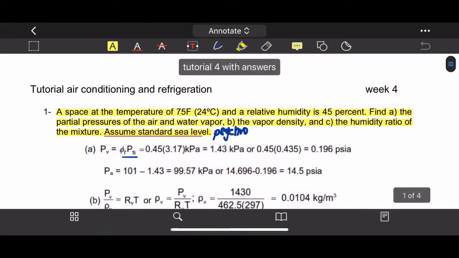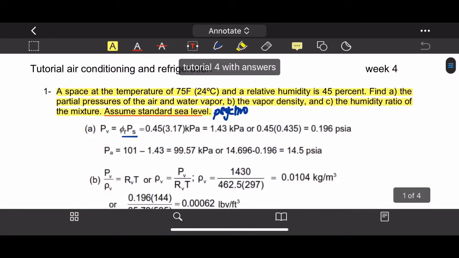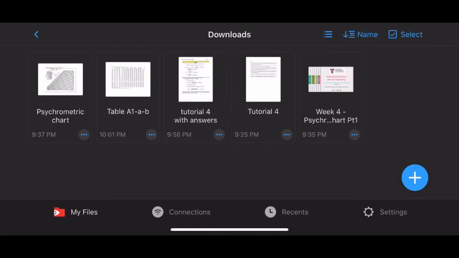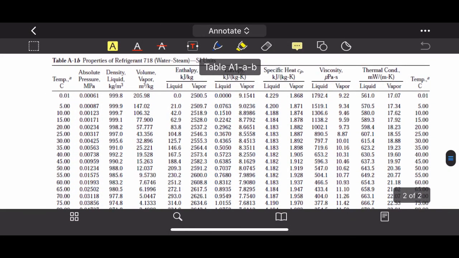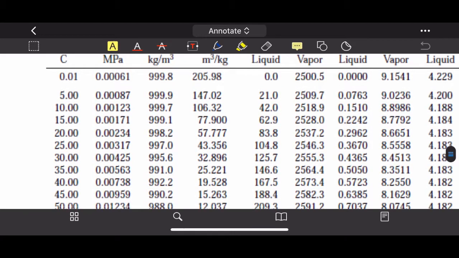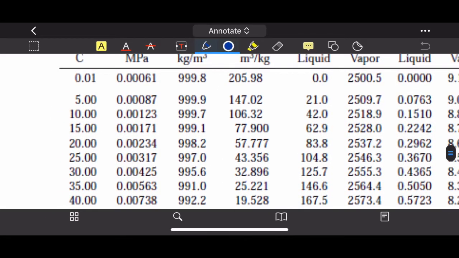Since our question is given in both, you can use either English or SI. Here I go first for SI unit, and go for 24 degrees Celsius. Now as you can see, we don't have 24 degrees Celsius. You can do interpolation, or in aircon you can do approximation.